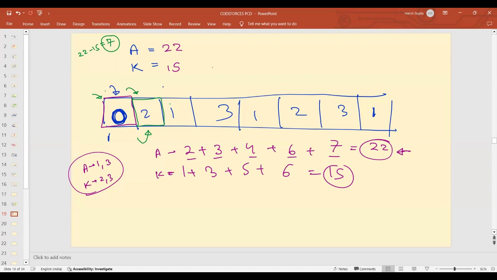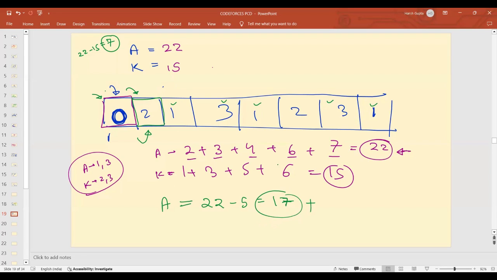So what I can do is keep a count of how many cells towards the right exist that Arshi has hit. The cells towards the right that Arshi has hit is 1, 2, 3, 4, 5. So I can say that my score A will be nothing but 22 minus 5, which will be 17. But it is not completed yet.